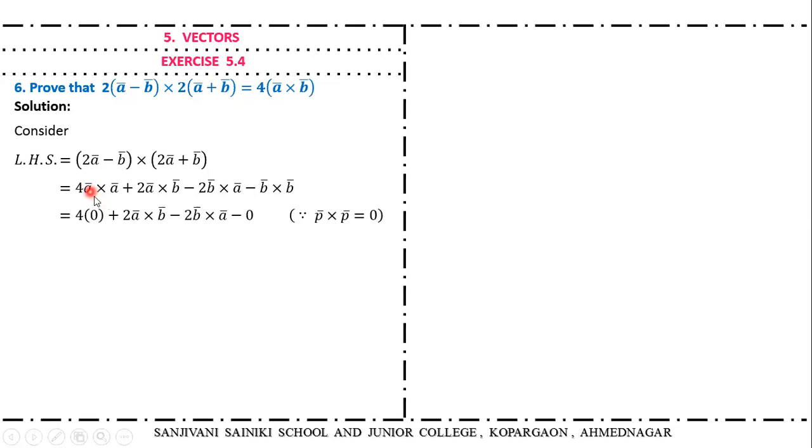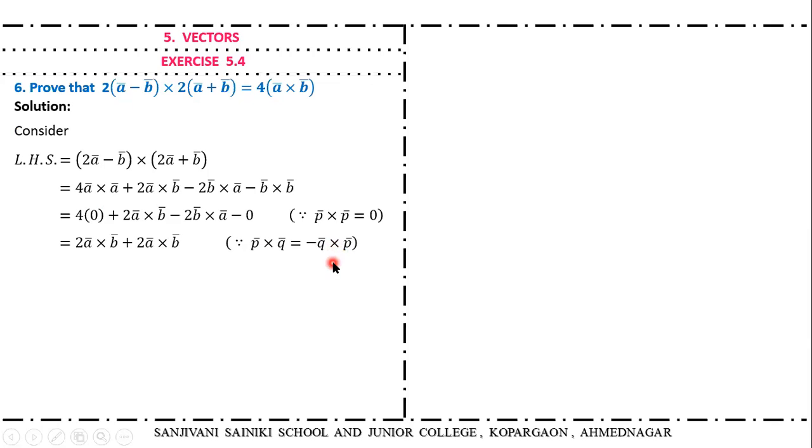Here the cross product of a vector with itself is always 0. So a bar cross a bar is 0, and b bar cross b bar is also 0. Again, 2 a bar cross b bar stays as it is, and minus 2b bar cross a bar I have written as plus 2 a bar cross b bar, because p bar cross q bar is minus q bar cross p bar.